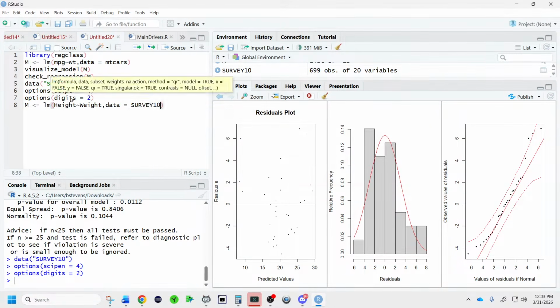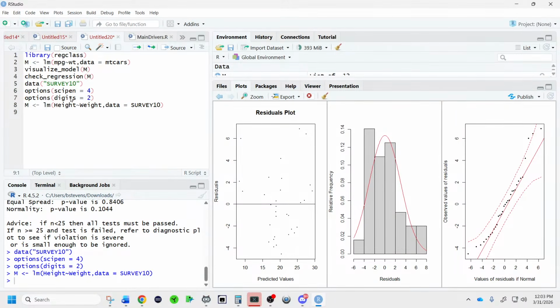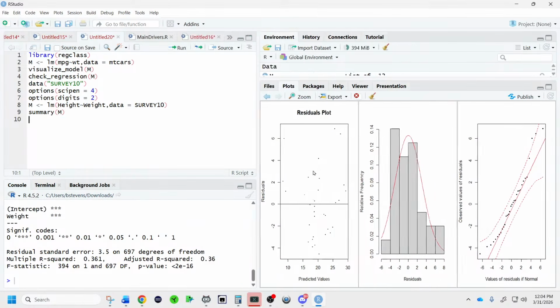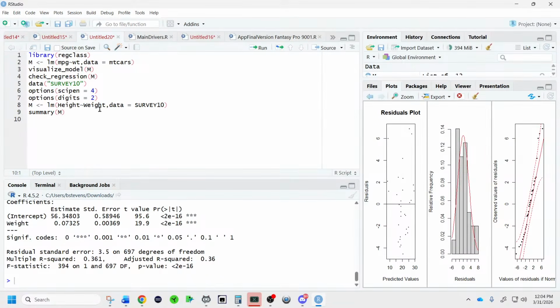When we build a regression model, we won't solve for B1 and B0 by hand. You won't use those equations, but we'll check this out. What do you need to know? Oh my gosh, summary, I couldn't think of the command. What do you need to know when you look at this output? We've seen this a lot.